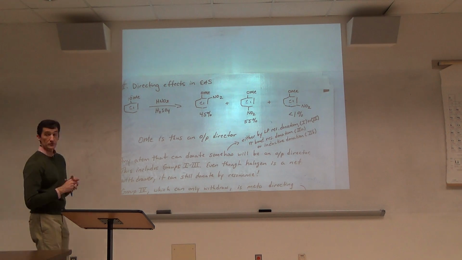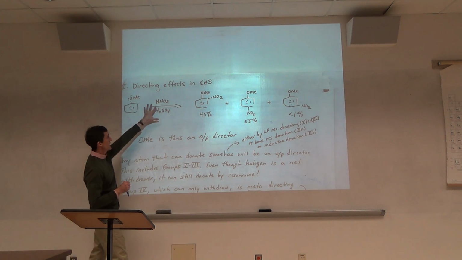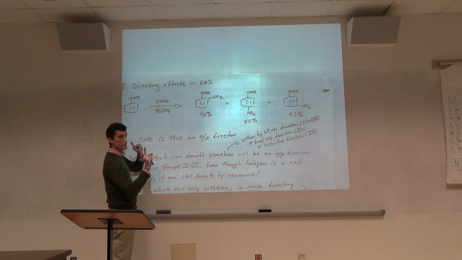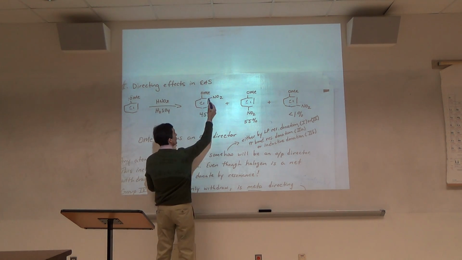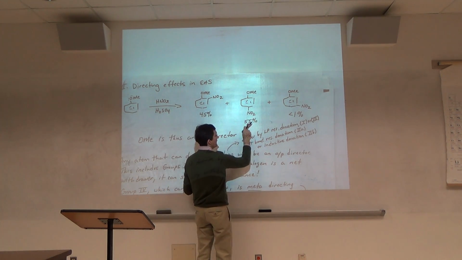The next effect is directing effects. For example, if we have anisole and we nitrate it with our standard nitration conditions, where's the nitro going to go? Because we have three different places. It could go ortho, and in fact you get 45% there. It could go para, 55.